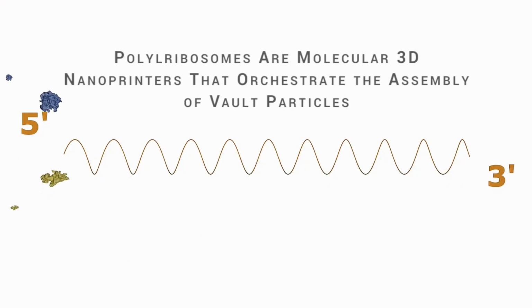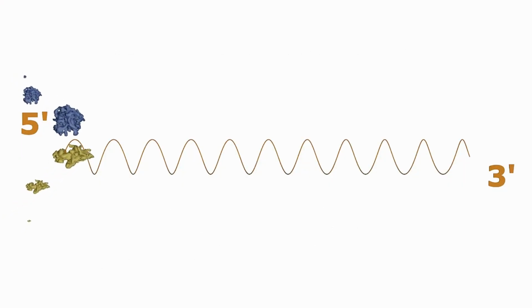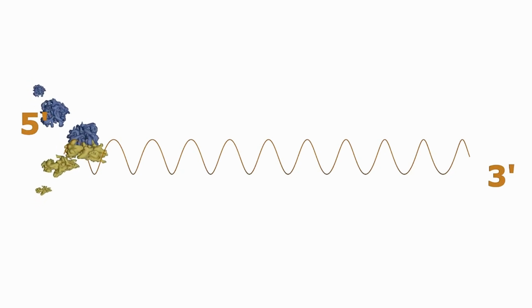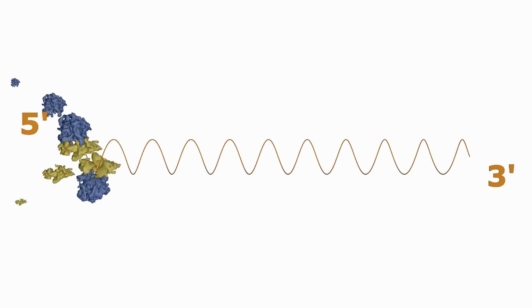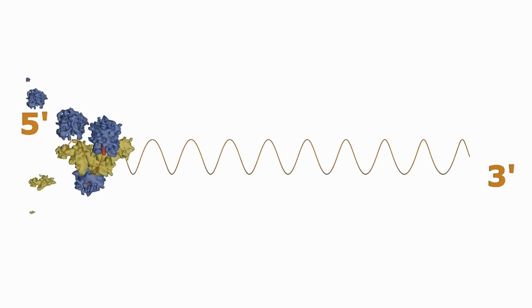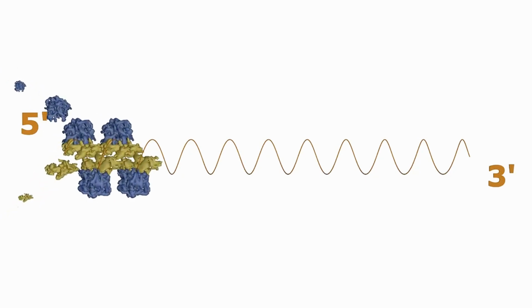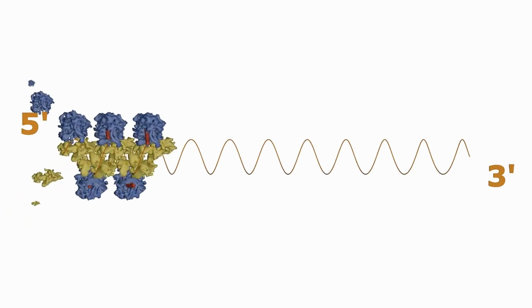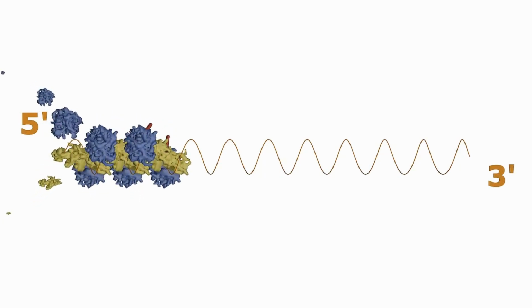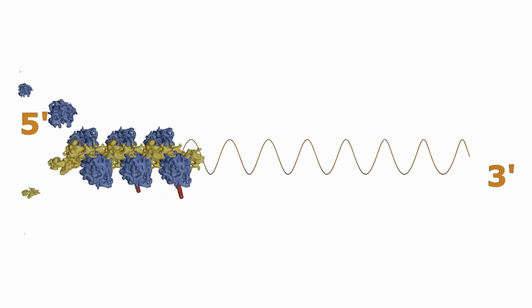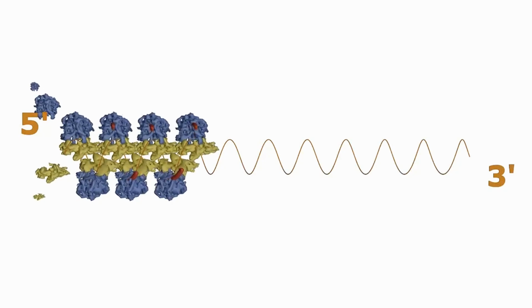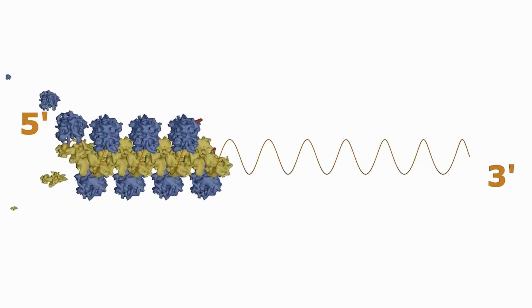The MVP mRNA is depicted by this thin orange line. The ribosomes that attach to the mRNA have two subunits that are colored blue and yellow.